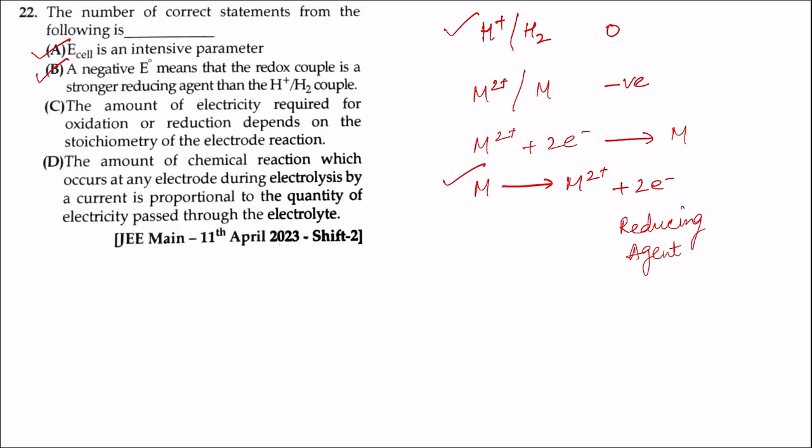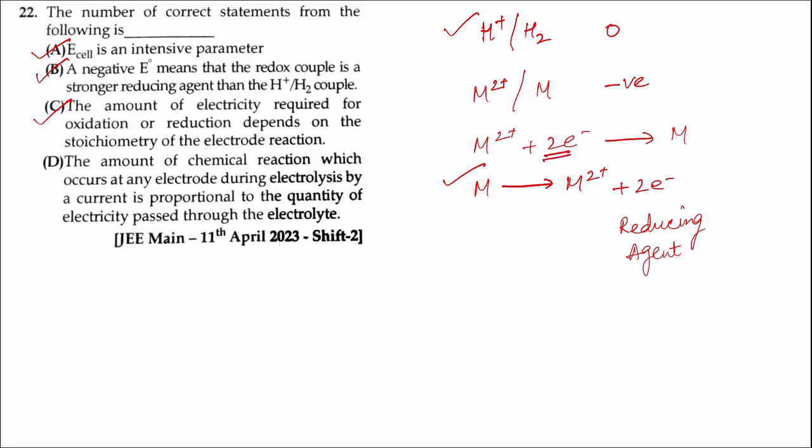Statement C. The amount of electricity required for oxidation or reduction depends on the stoichiometry of the electrode reaction. Correct. During oxidation or reduction, electrons are lost or gained, and in a balanced equation, the number of moles of electrons will decide the charge, and in turn the amount of current carried. For example, in this reaction, the moles of electrons involved is 2.